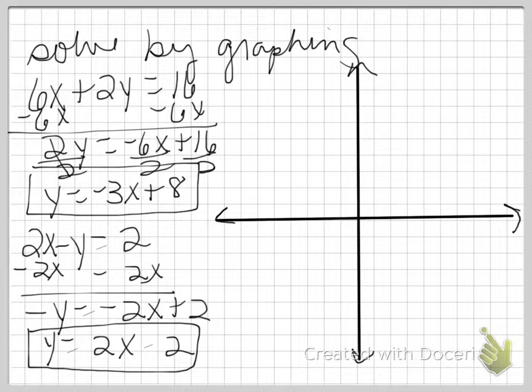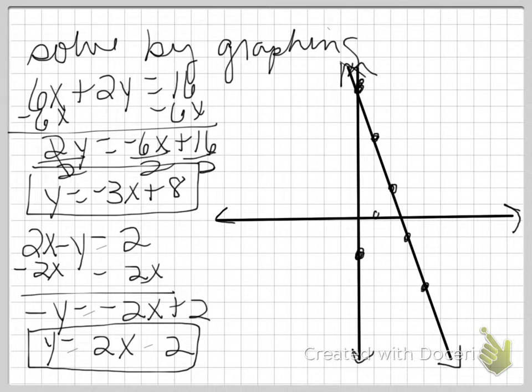Okay, the first equation, the y-intercept is 0, 8. And we're going to go down 3 to the right 1. The second equation, your y-intercept is 0, negative 2.